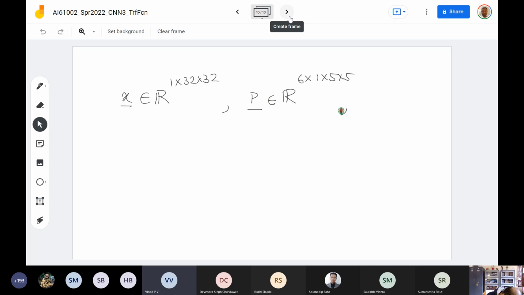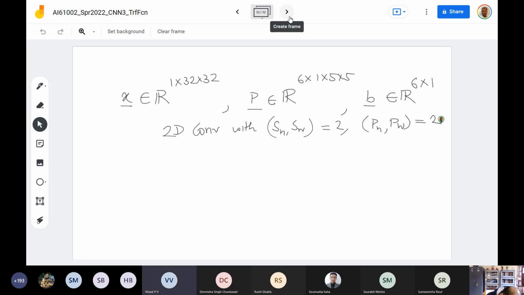I have B which is of 6 cross 1. And I have 2D conv with SH comma SW equal to 2, PH comma PW is equal to 2.